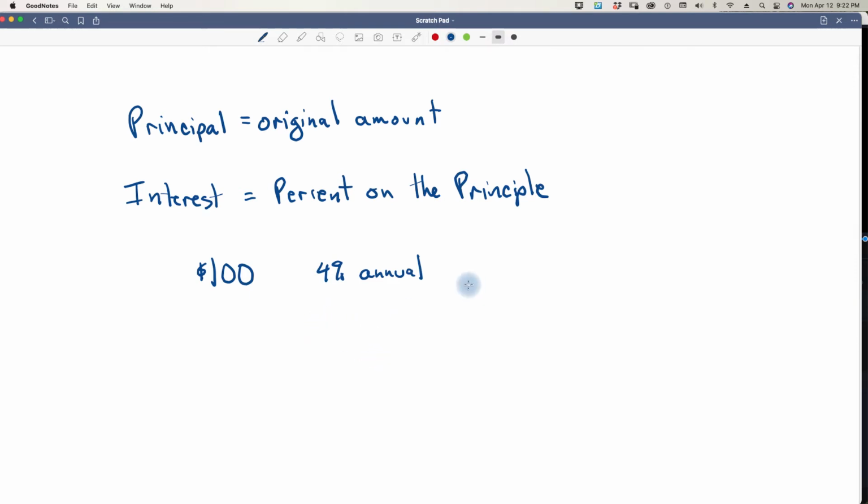So this equals 1.04 times your original principal, your original amount. So you would have, at the end of the year, 100 times 1.04.